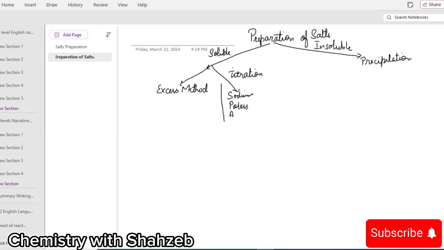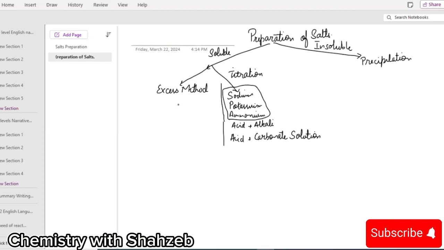The method we use here is acid reacts with alkali, or acid reacts with carbonate solution. These are the salts and the ways through which we manufacture them.